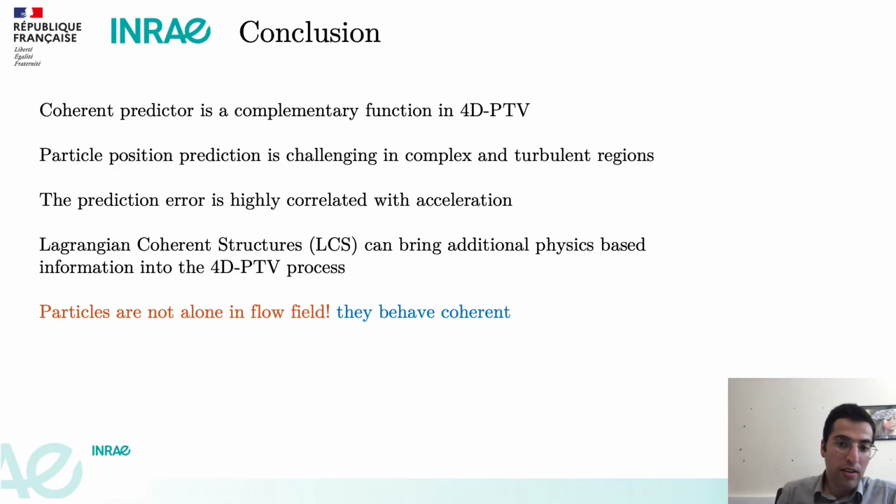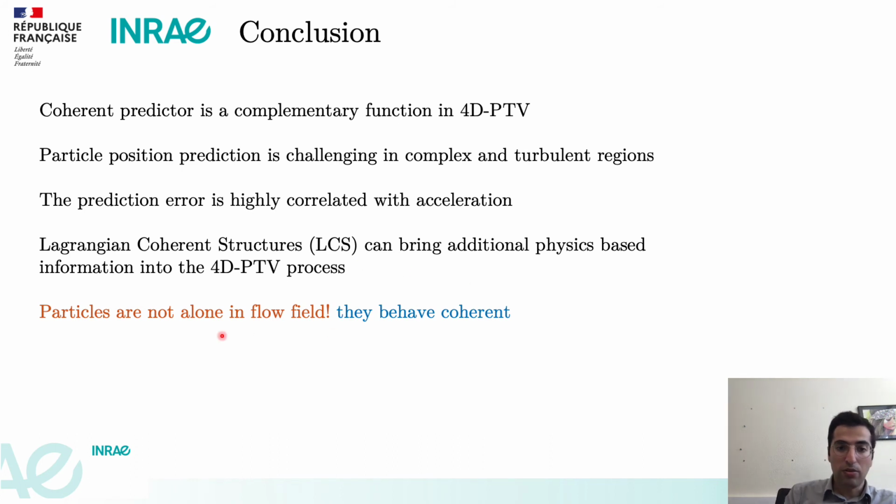In conclusion, I would say that the coherent predictor is a complementary function in 4D-PTV, so you can use it in complex regions. If you have a complex flow motion, you can use Lagrangian coherent structures to identify your coherent neighbors, and then use those coherent neighbors to improve your prediction accuracy, to be sure that your optimization is robust and you don't get false detection.